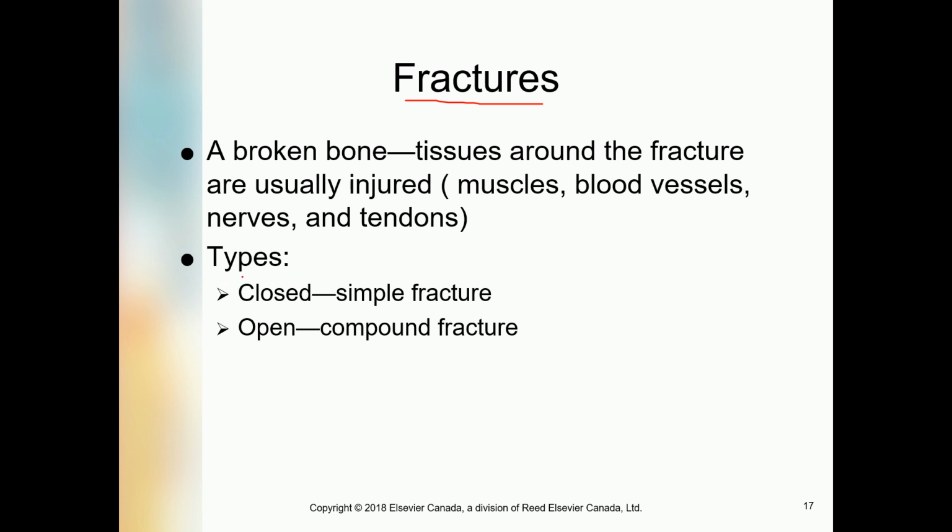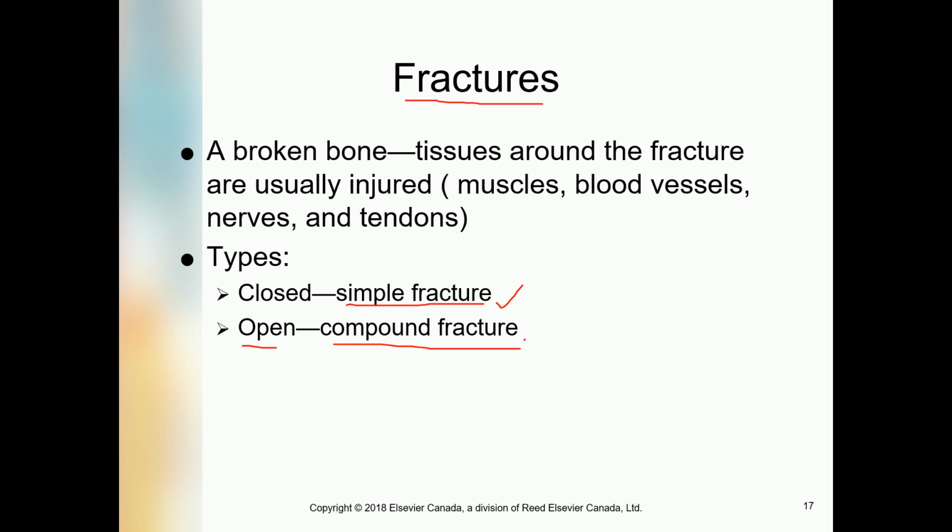There are two types of fracture. One is called closed or simple fracture, another is open or compound fracture. Let me make the statement into a question: how many types of fracture are there? There are two types, broadly categorized. One is closed, one is open. Closed fracture is also called simple fracture, and open fracture is a compound fracture.